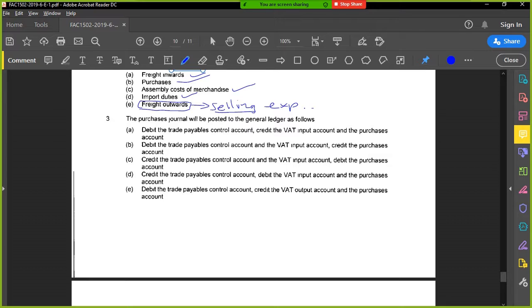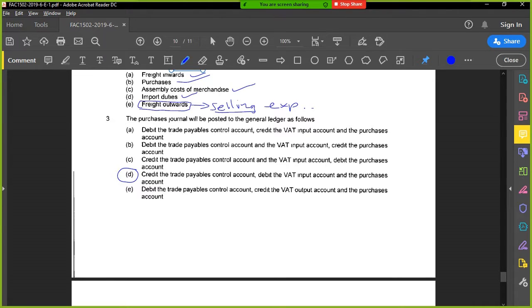You'll have creditors because you're buying on credit. And then you'll credit the creditors and debit purchases. Good. Which option's right then? D. You're going with D.